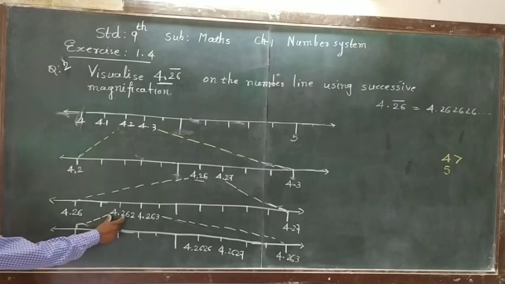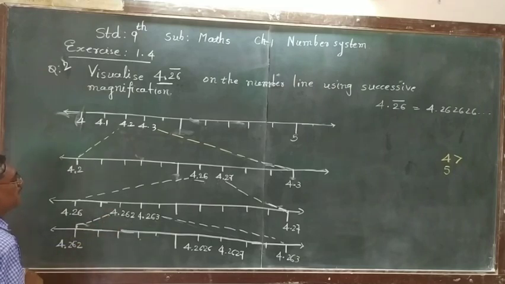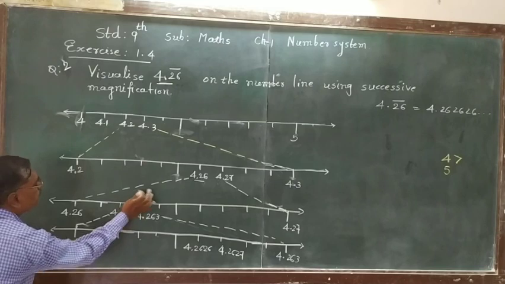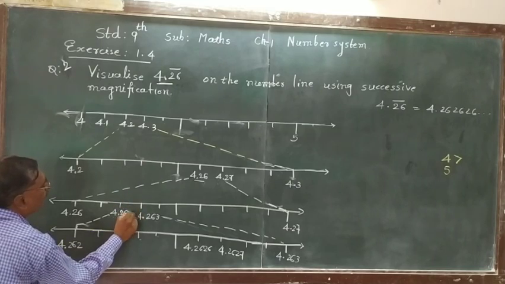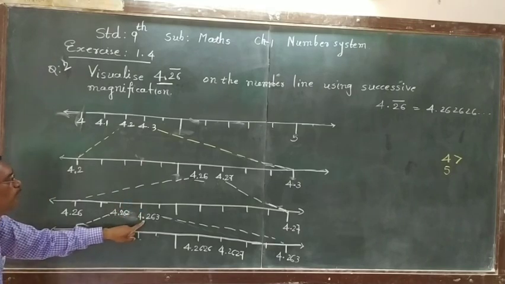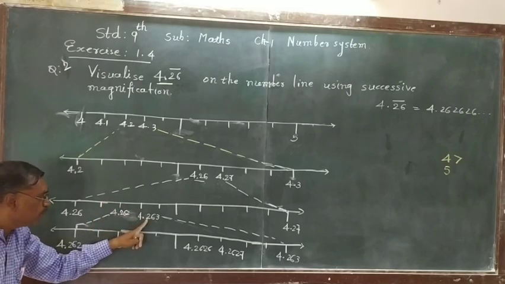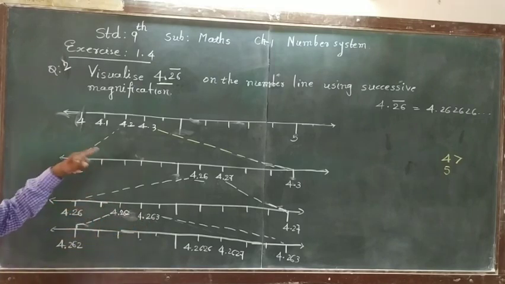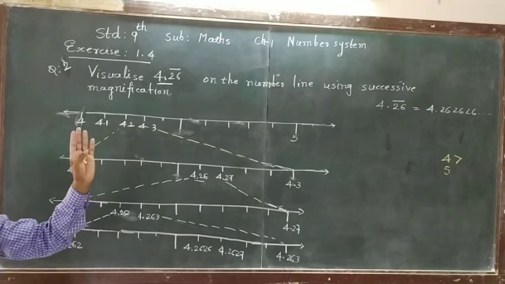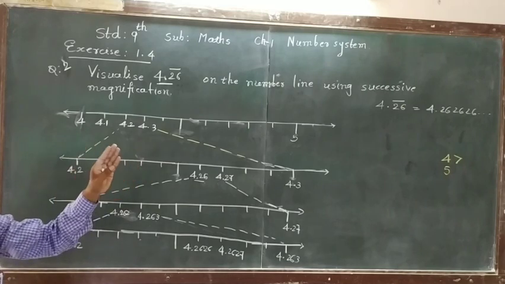So we obtain here 4.262 and the next number will be 4.263. Now our number is long, so 4.2626.